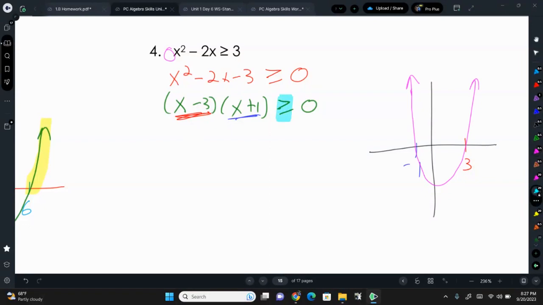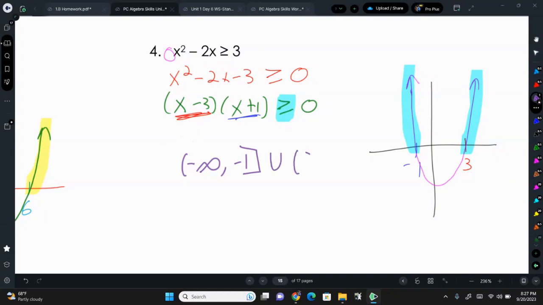And it says greater than or equal to 0, so we want everything above the x-axis, including the intercepts. So we're going to say -infinity, comma, -1 with a bracket around -1 with the union of 3, comma, +infinity.